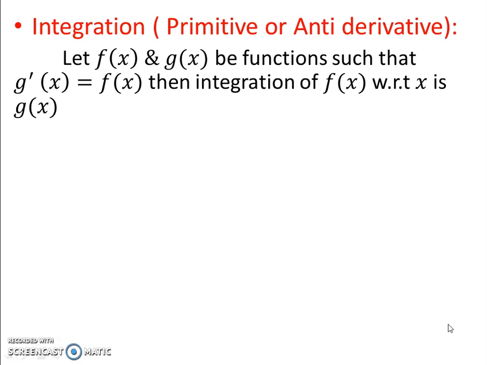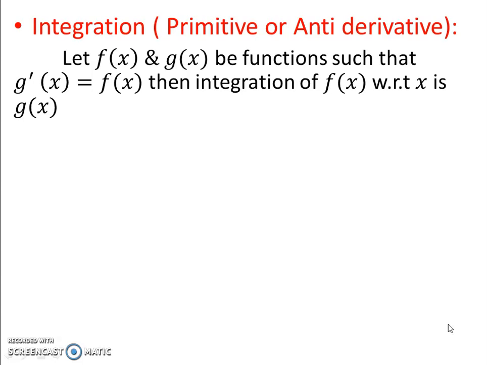So basically, the definition of integration. Let f of x and g of x be functions such that g dash of x equal to f of x. That is, the derivative of g is equal to f of x. Then the integration of f of x with respect to x is g of x.